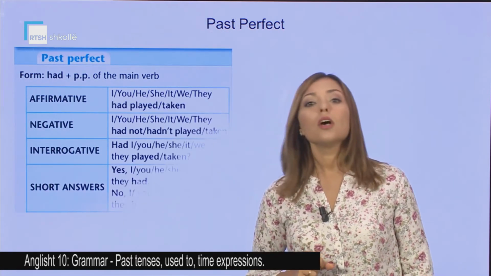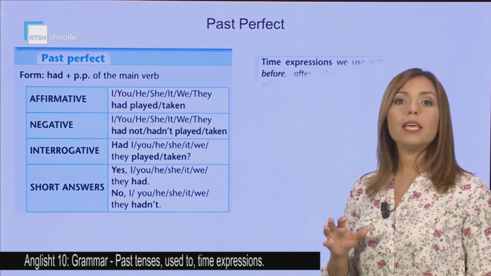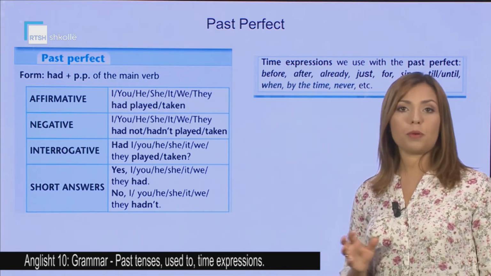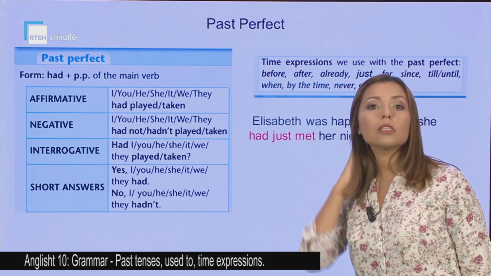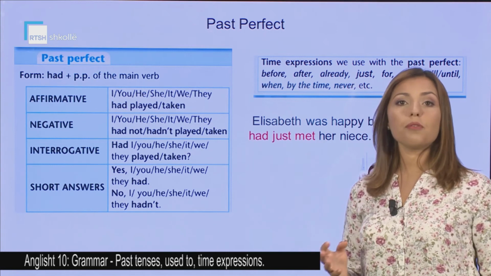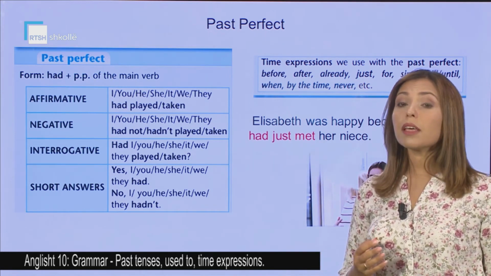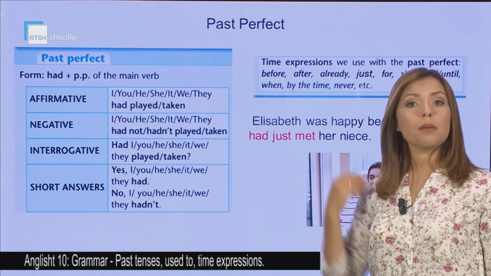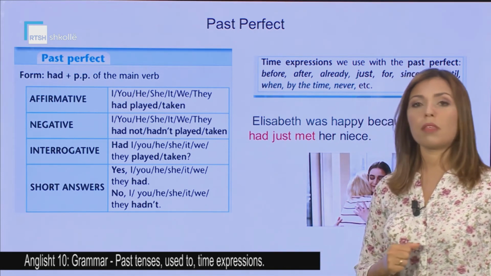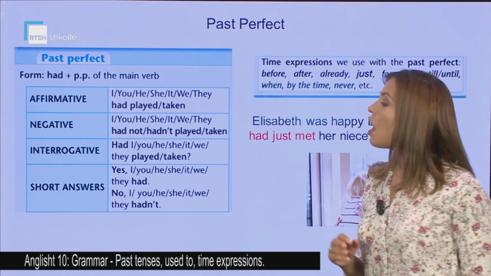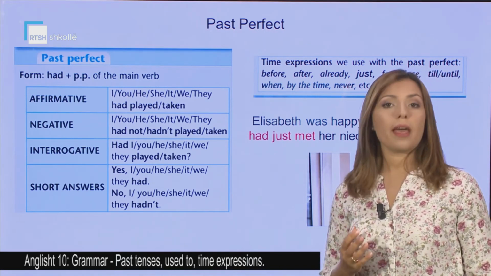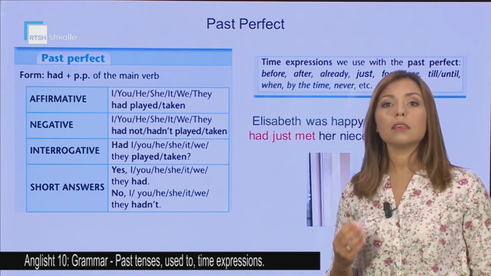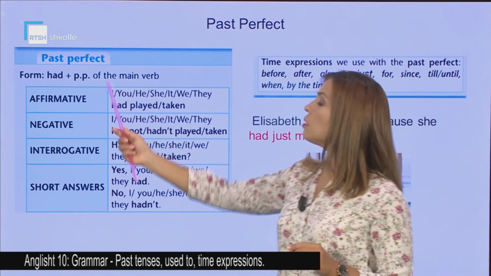All right. One more tense that we have in the past is the past perfect. So, which is the difference? Past perfect. Something that I had done in the past before something else. So, how is it formed? With had. I had, and the past participle.